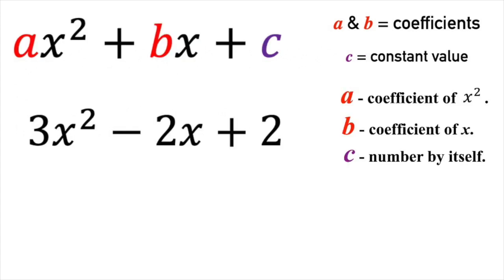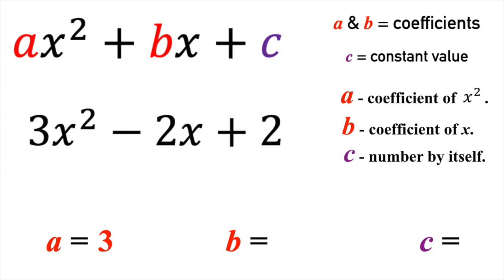So let's say we have a quadratic like this one, 3x squared minus 2x plus 2. And again, we're asked to find what the values of a, b, and c are. Well, let me start with a. I'm going to look for the coefficient that's attached to the x squared term. So here that's 3.